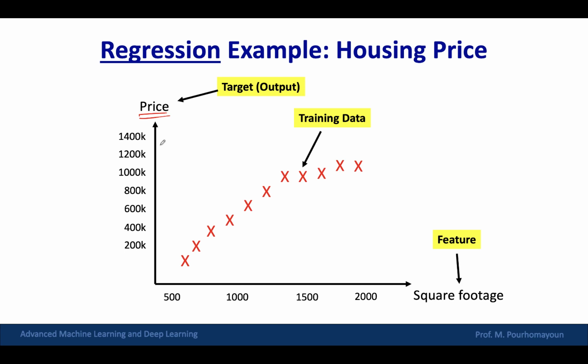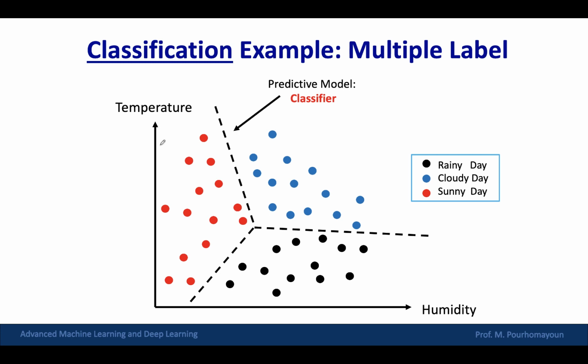And again, when you compare this graph to this graph, it can be a little confusing. This graph is different from this one. In this one, I have features here. This is my feature 1, this is my feature 2, okay? And the label is the color of the samples.